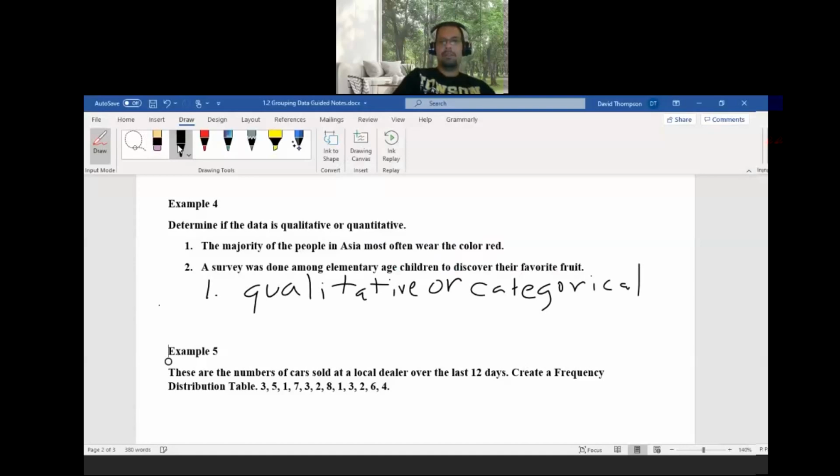Number 2, we're talking about favorite fruit, which again we can't count, so this would also be another example of a qualitative or categorical variable.